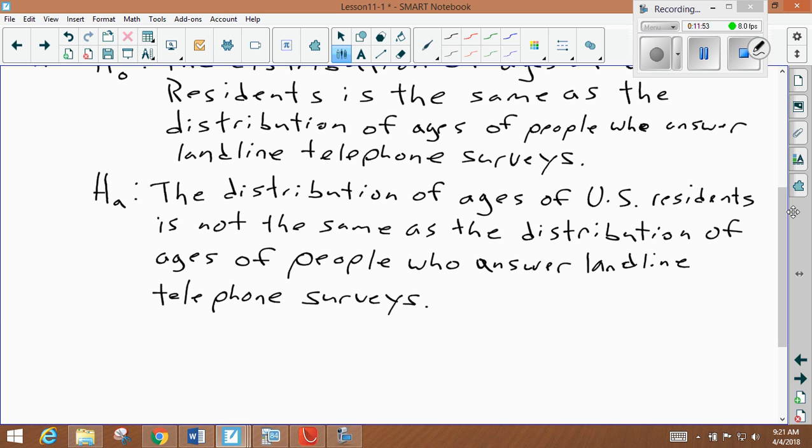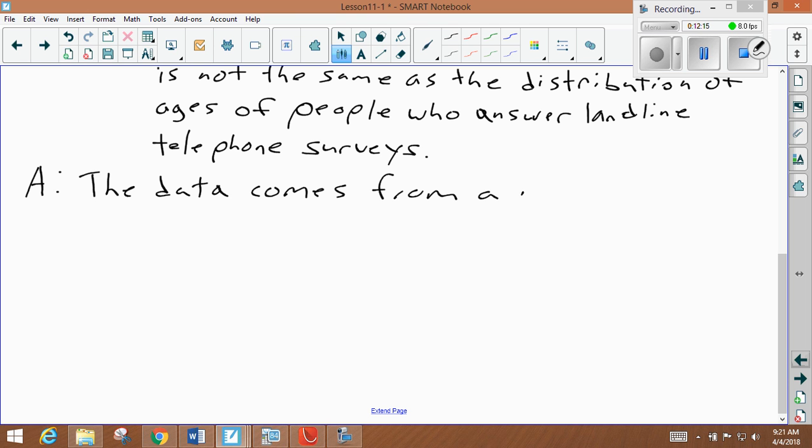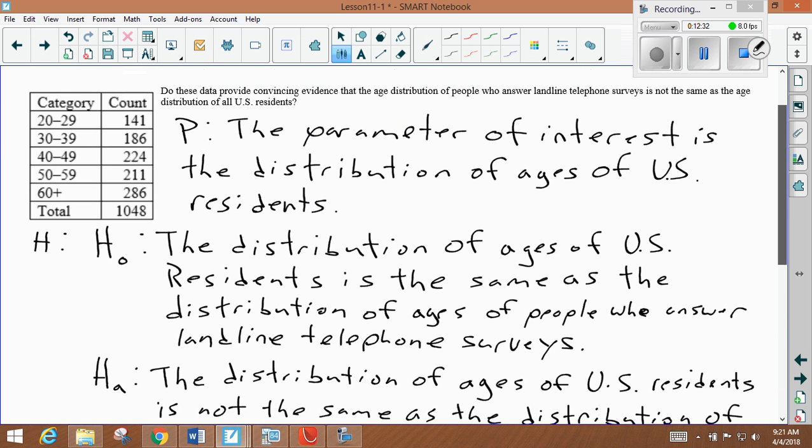Let's go ahead and check our conditions, with A standing for assumptions. The data comes from a random sample. We need to look and see how many we got here.